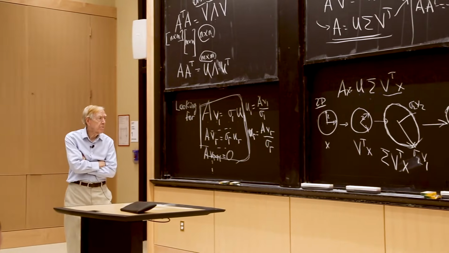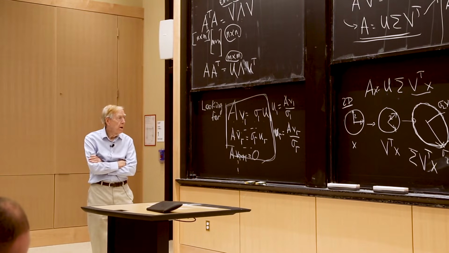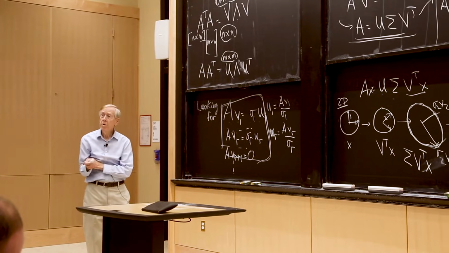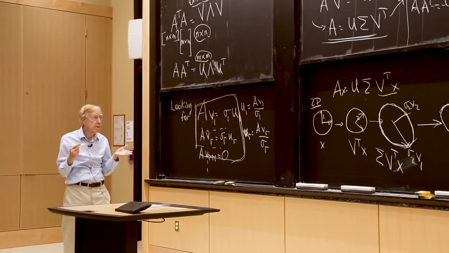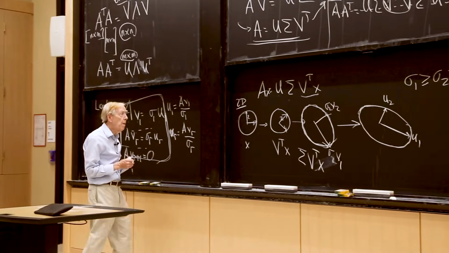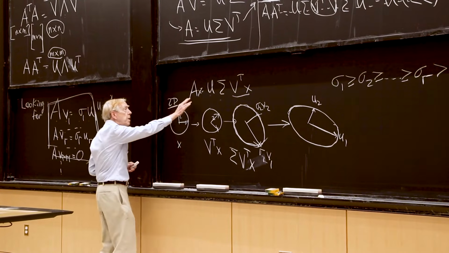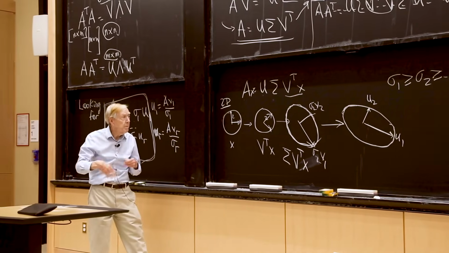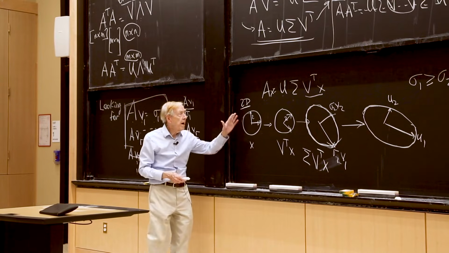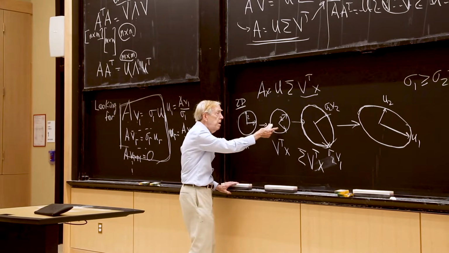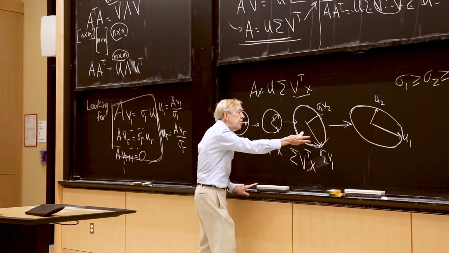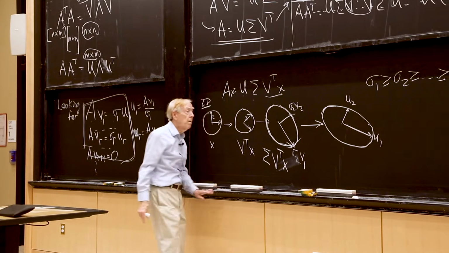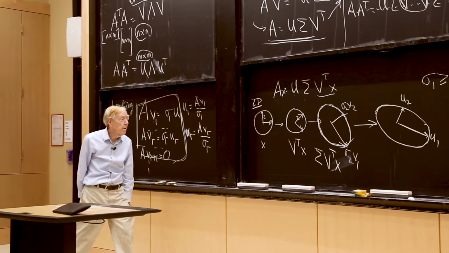Basically, that's right. So this SVD is telling us something quite remarkable, that every linear transformation, every matrix multiplication factors into a rotation times a stretch times a different rotation, but possibly different.